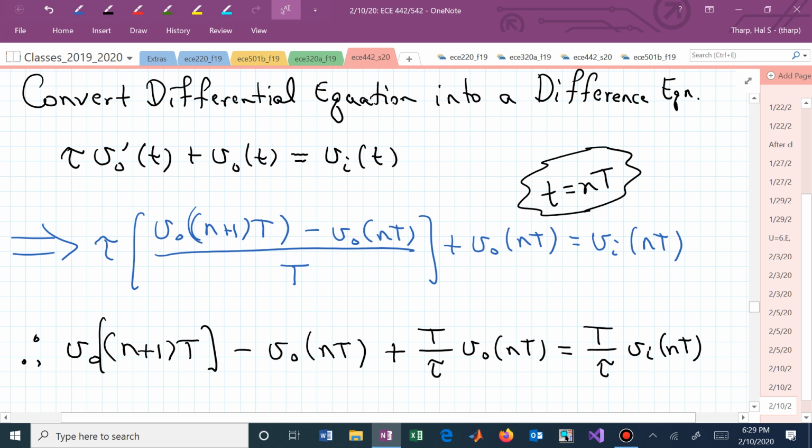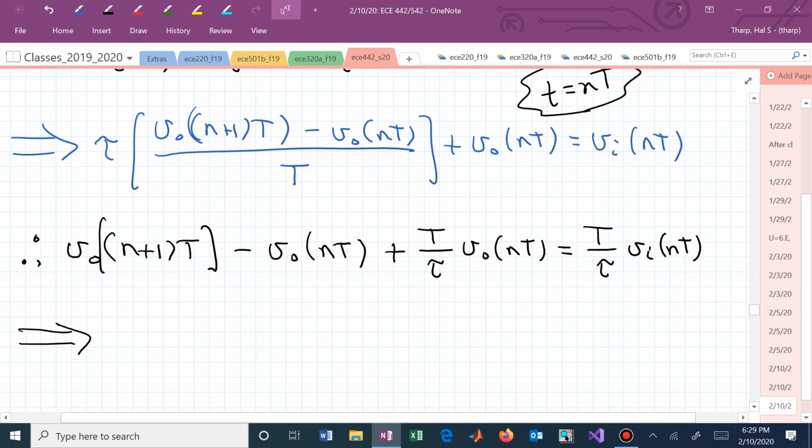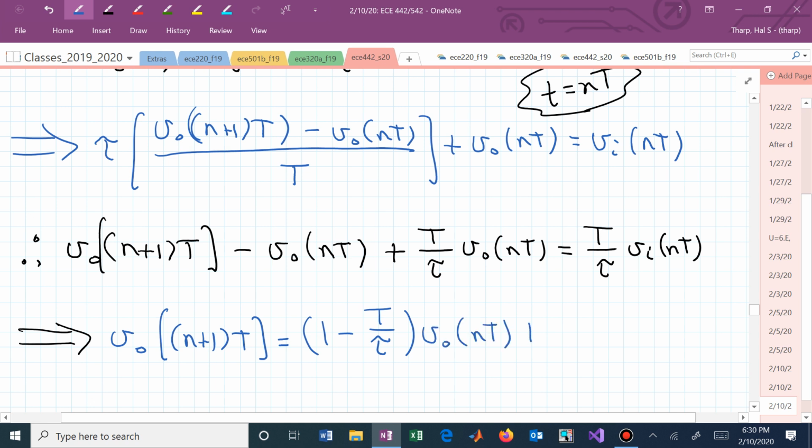We have two V naught terms, so we can now say that this is V naught of n plus 1 capital T equaling 1 minus T over tau V naught nT plus T over tau V naught nT.